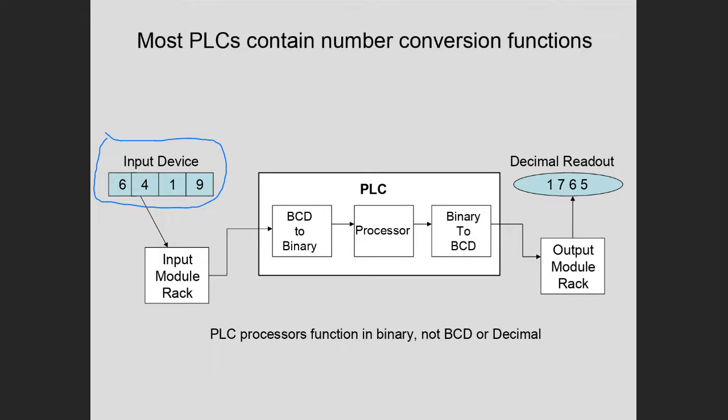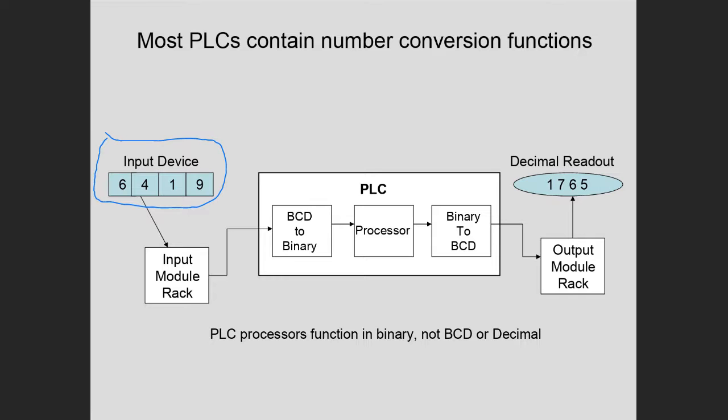It has the digits 0 through 9. You can use your thumb to set the code, to move the numbers up and down. Imagine a thumb wheel, or some kind of dial where you can dial in digits. So you dial in a 6, a 4, a 1, a 9. Each individual number has to be converted or represented in BCD.